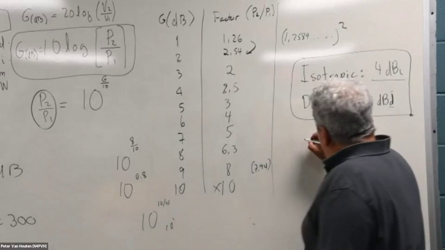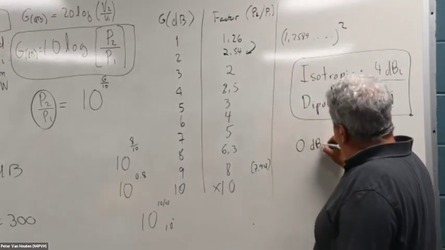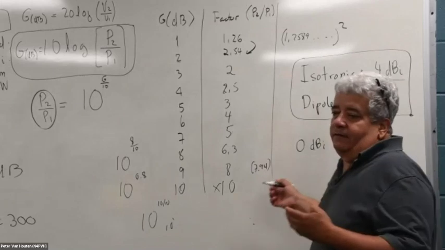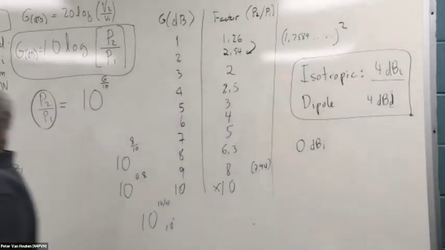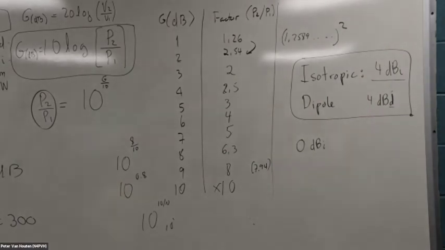Now, the isotropic antenna has 0 dBi. That means an isotropic antenna is not going to have gain over itself. It's going to be 0 dB because it's the same.